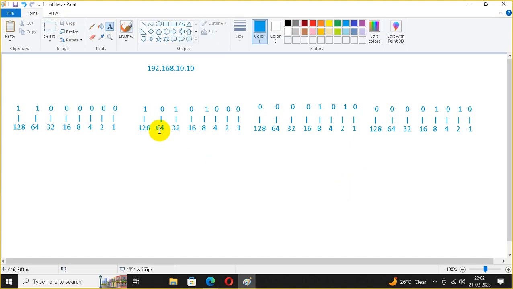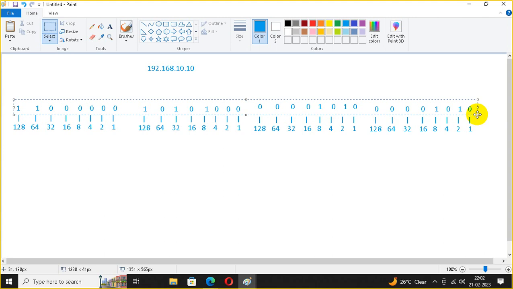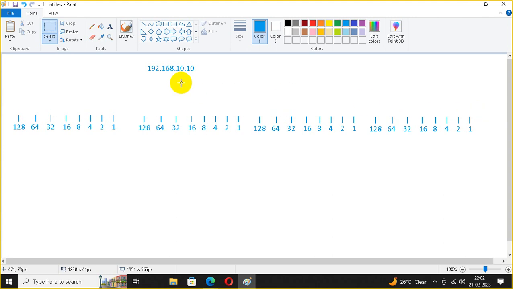So these are the figures you created. This is called a binary number.